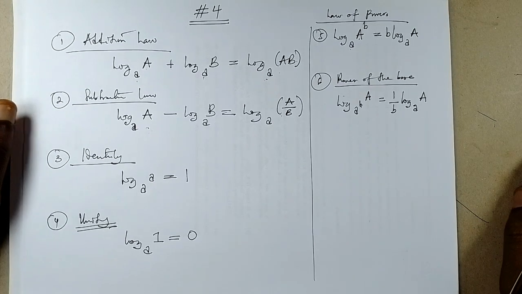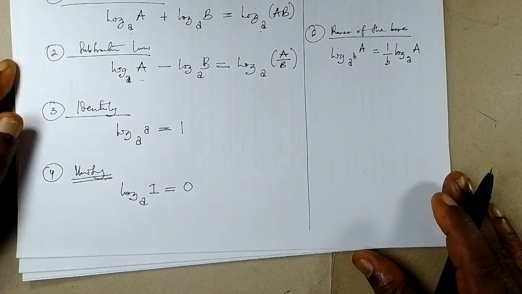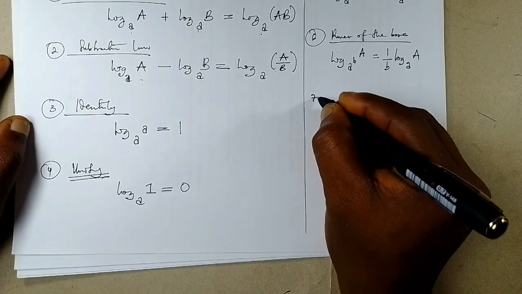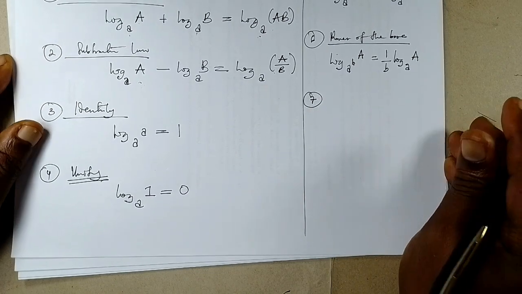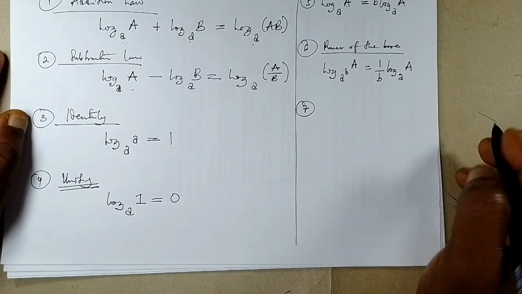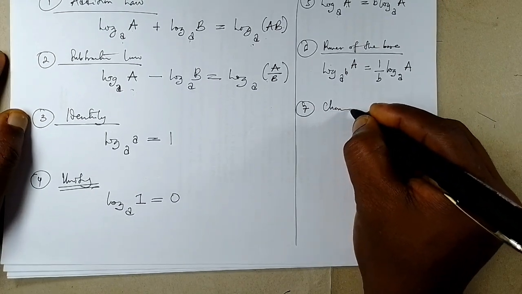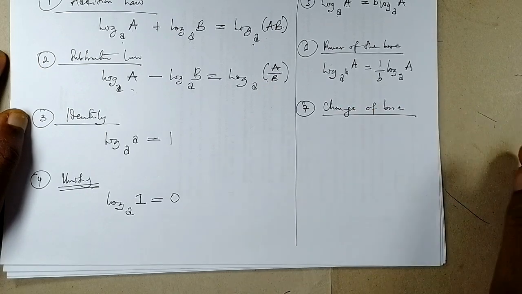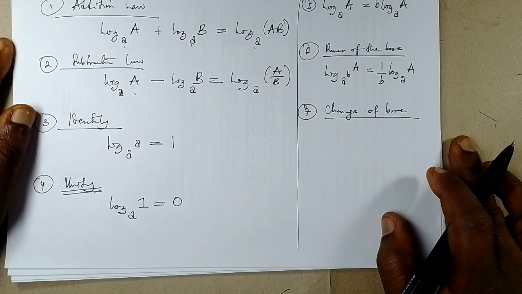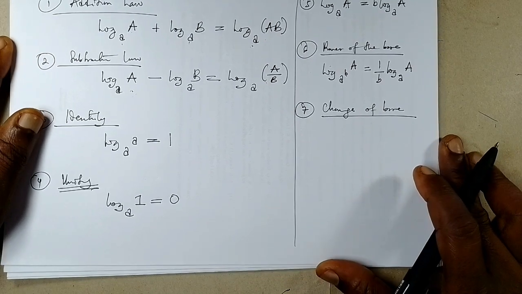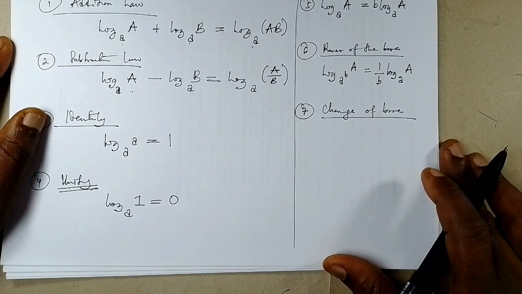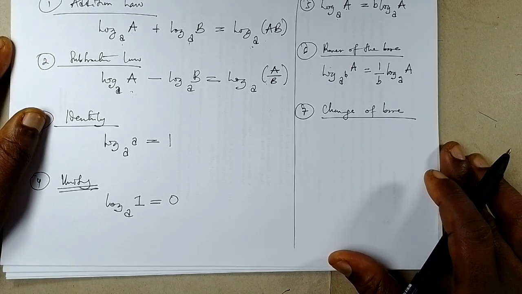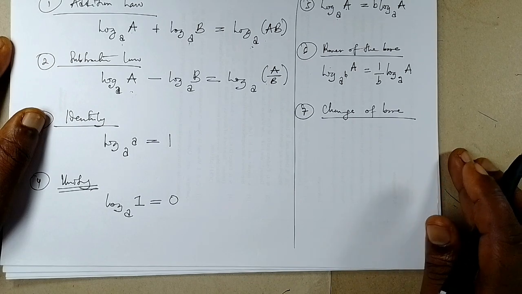Now the next law we shall be looking at is law number 7. This law is called the law of change of base. Sometimes in different problems on logarithm, you may have a need to change the base in trying to simplify.